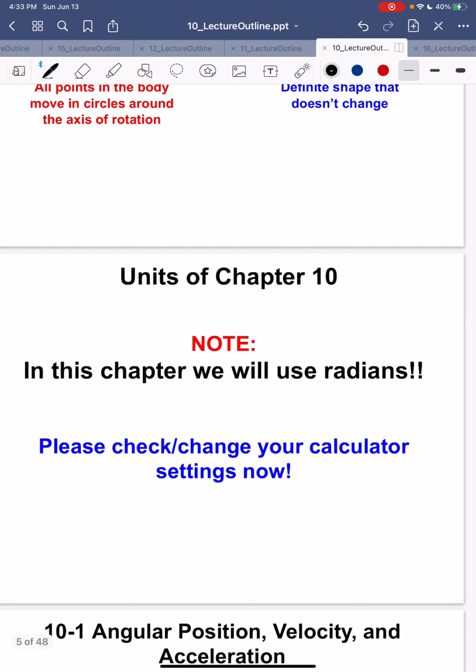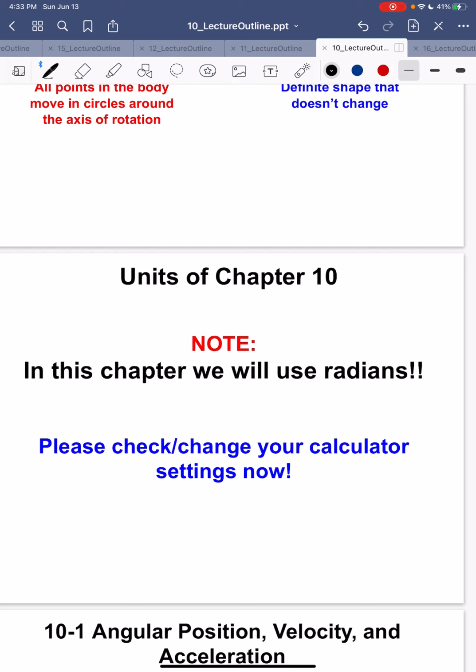Now also, something that we are going to do in this chapter is, since we have objects going in revolutions or circles or cycles, we will not talk about degrees now. We will use a new unit called radians, and we can of course change the calculator setting now.